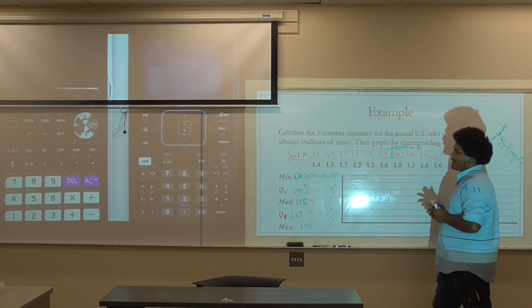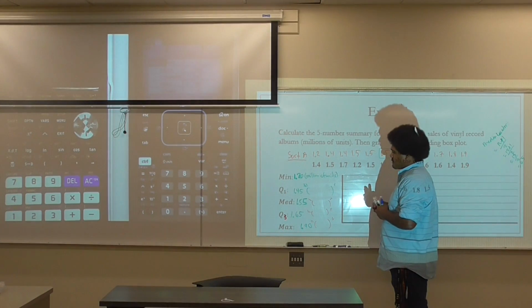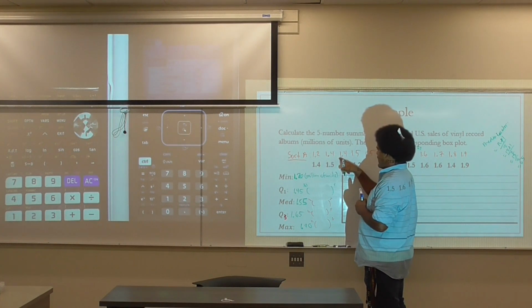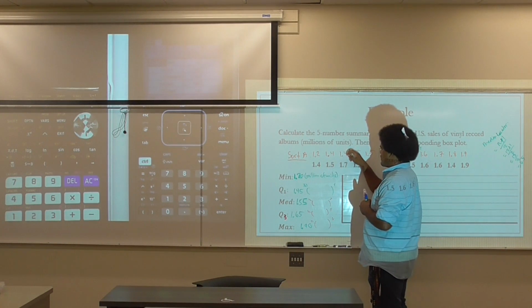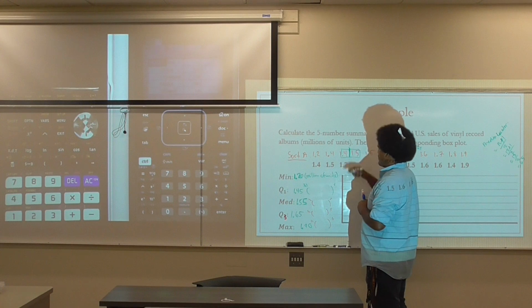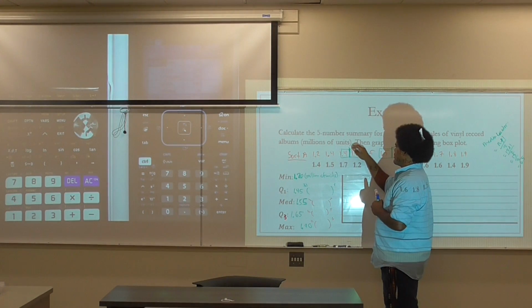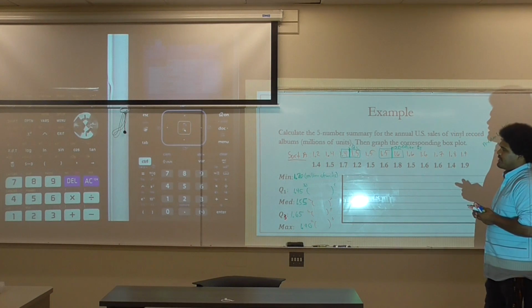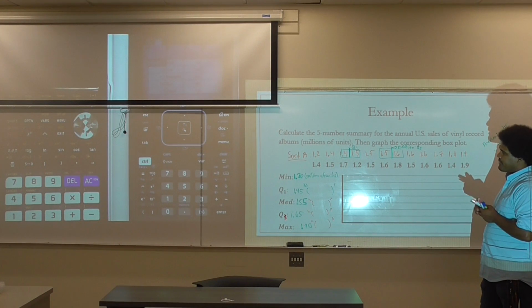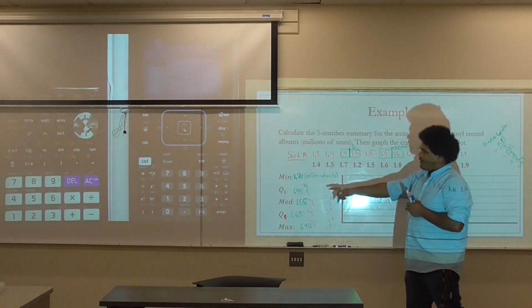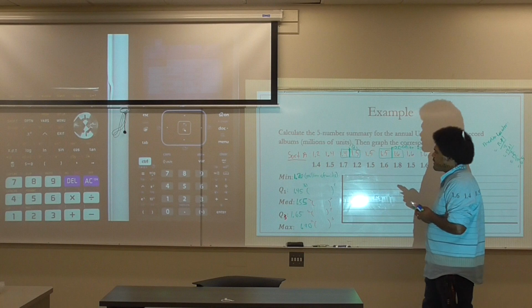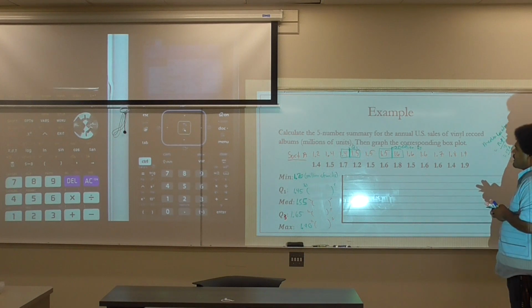That means I'm halfway between the 3rd and 4th values. So if I go 1, 2, 3 and a half, I'm in this region for my Q1. If you go mid-distance between the two, you end up with 1.45, like it's shown right here. You get it when you go halfway and do the formula for it.